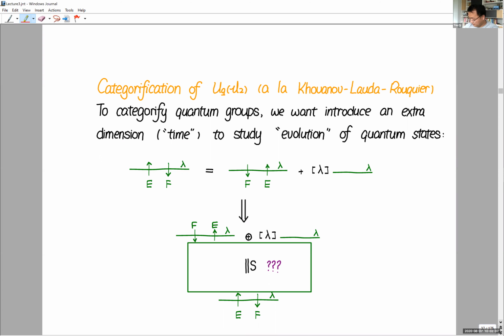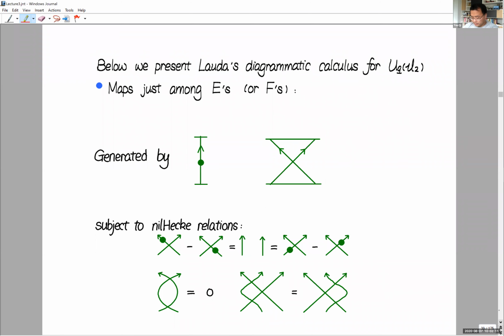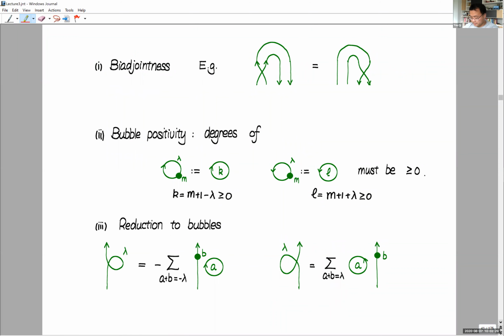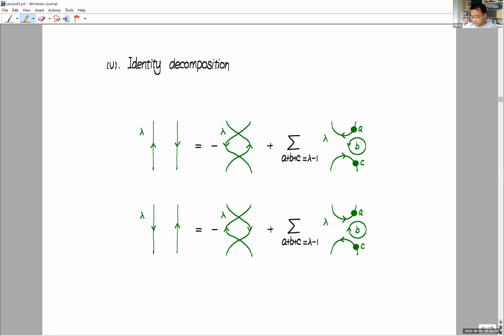You introduce, as Aaron Lauda did, generators: the evolution pictures of E's and F's, and between E and F the so-called cups and caps, subject to relations like the Nil-Hecke relations among generators of E, the bubble relation, reduction to bubbles, and identity decompositions.